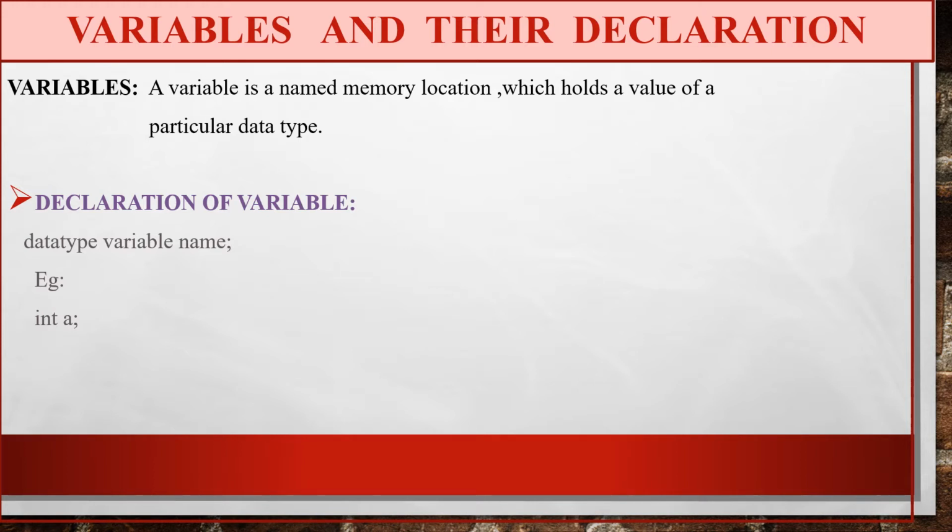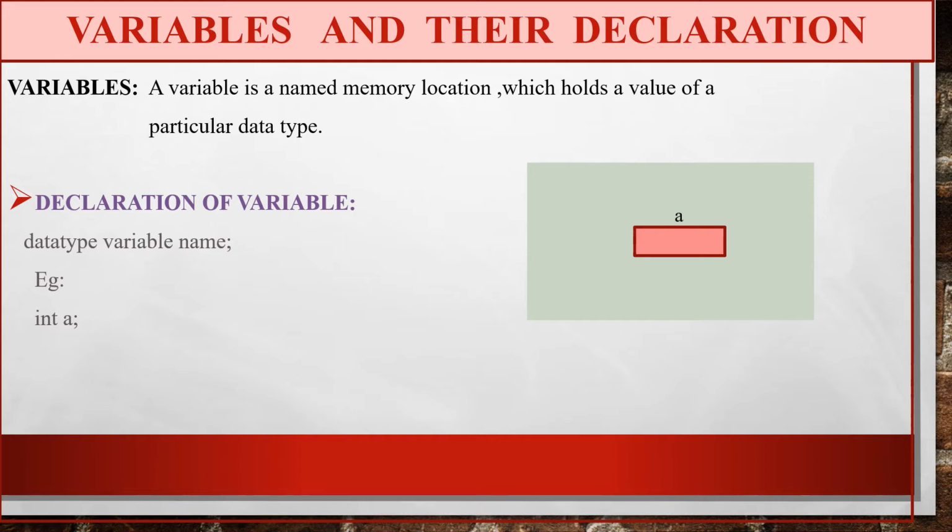Now as soon as this declaration is done, the compiler will reserve a memory block for variable a. Like this, a memory block is reserved for variable a, and the name of that memory block is the same as that of the variable. Because the name of the variable is a, the name of the memory block will also be a.